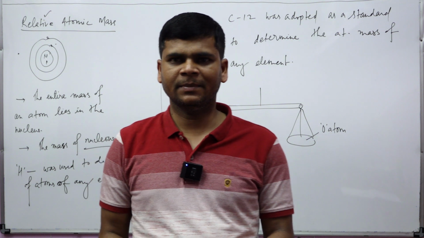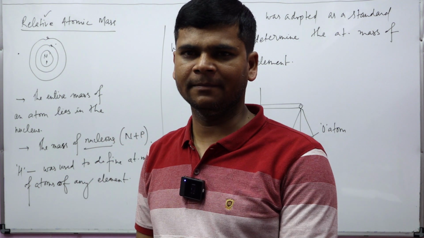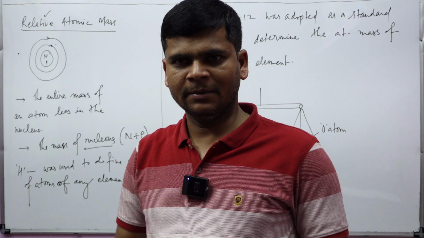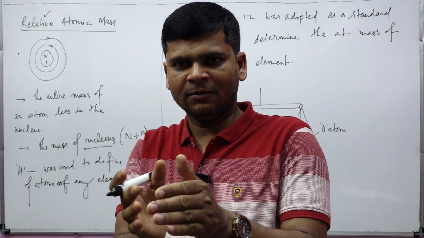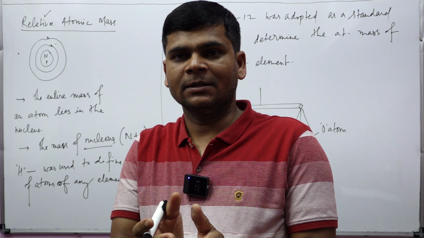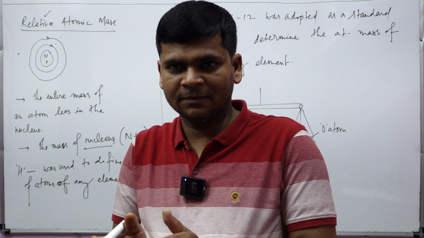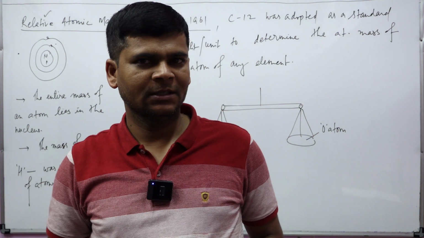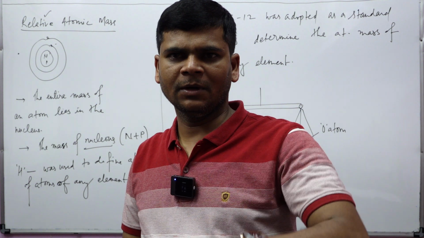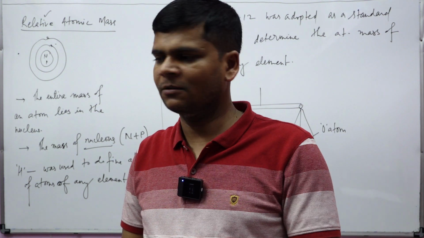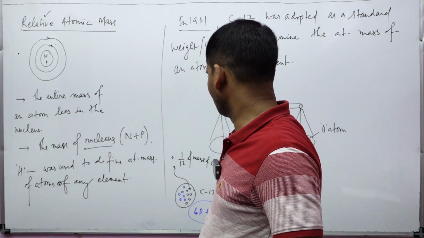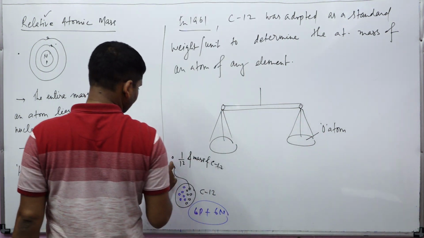Suppose there are 12 particles in the nucleus of an atom and you have removed one particle. So mathematically, we can call it 1/12 times the mass of C12 atom. C12 atom has, let us say, 12 units in it. You have removed one of it, so it is 1/12 of the total mass of the C12 atom.